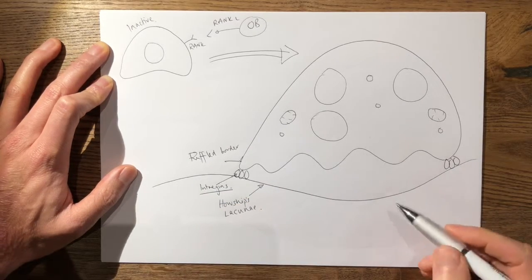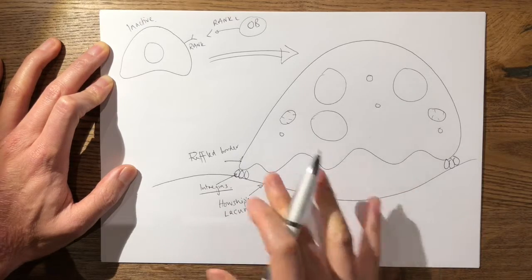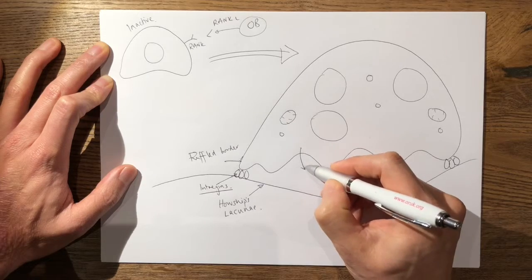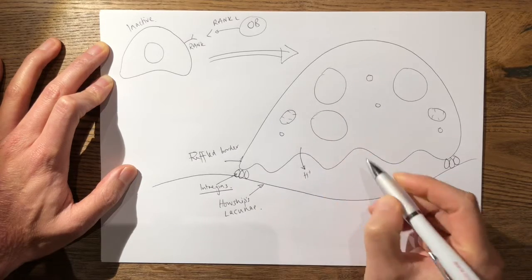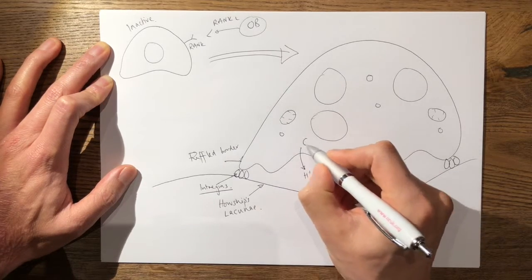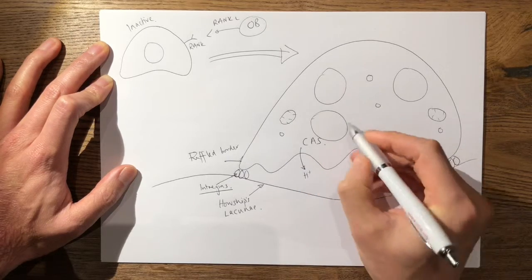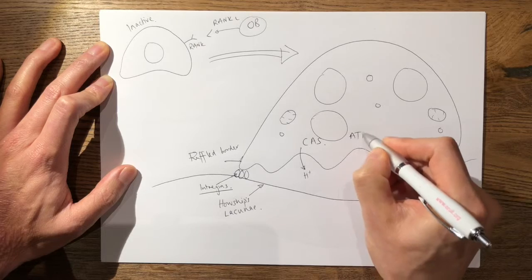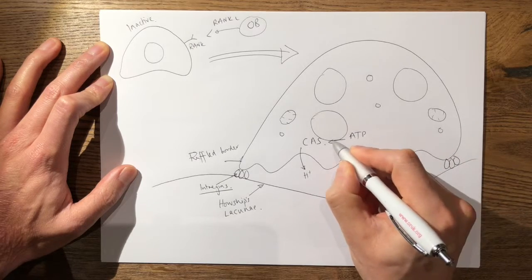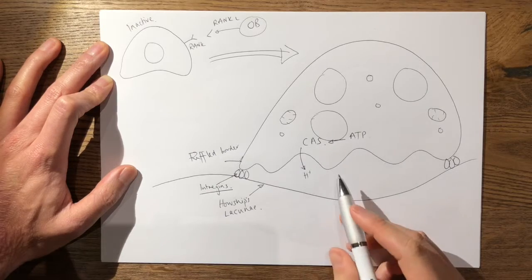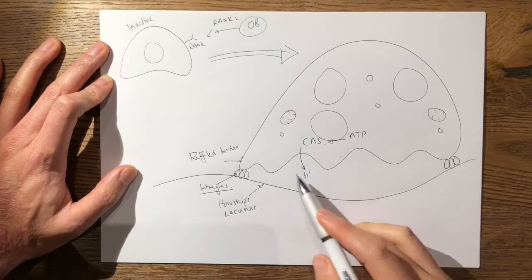So how does it actually make the area more acidic? Well, it releases hydrochloric acid and H+ ions via the carbonic anhydrase system, and this is usually ATP driven, making the area more acidic.